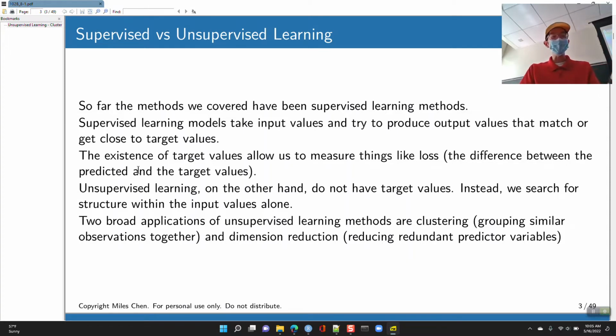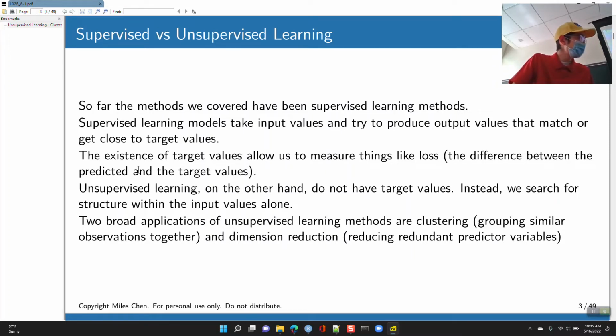Okay. Unsupervised learning, there's no target values. You just get data, right? You just have the matrix of X variables. And we're supposed to look for structure, some kind of pattern in this data. A common thing is clustering, okay?